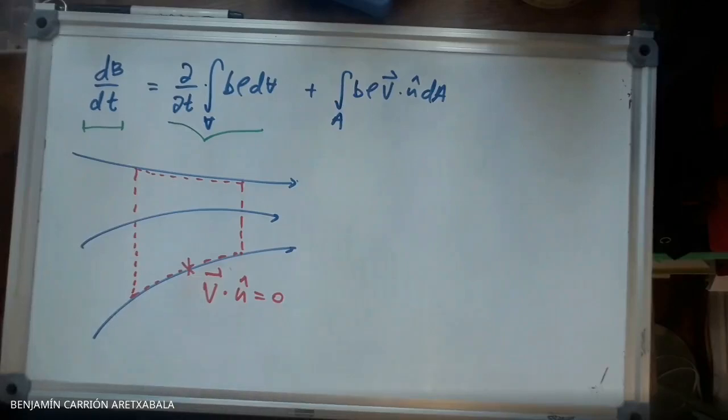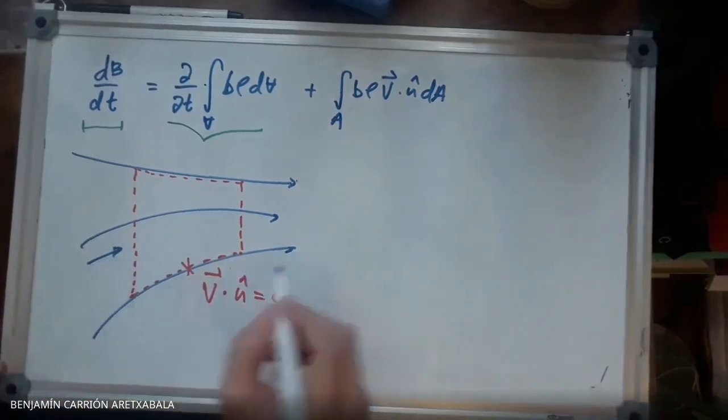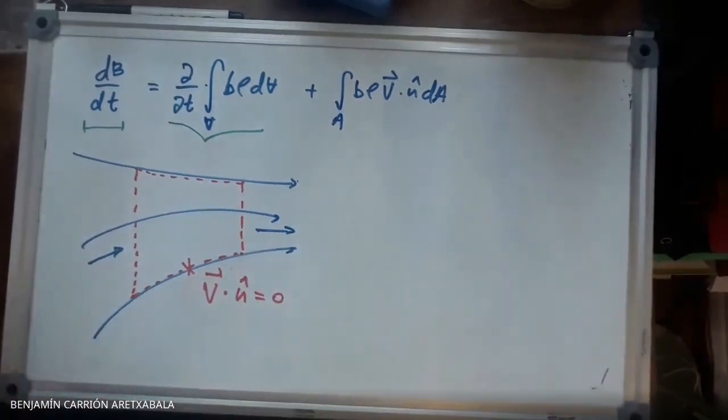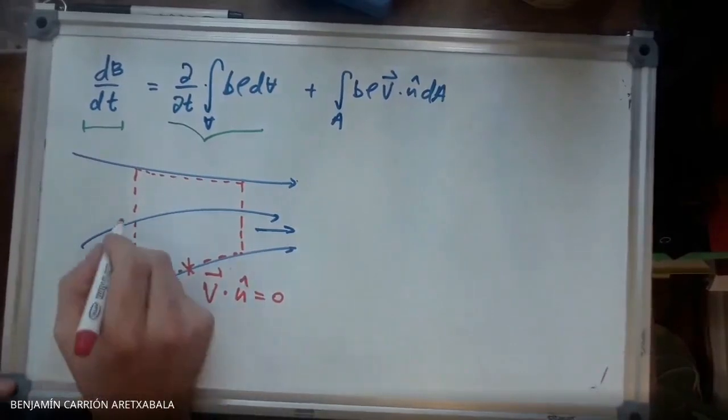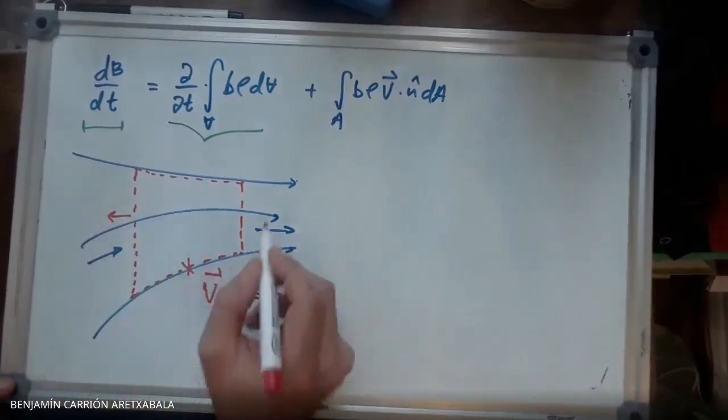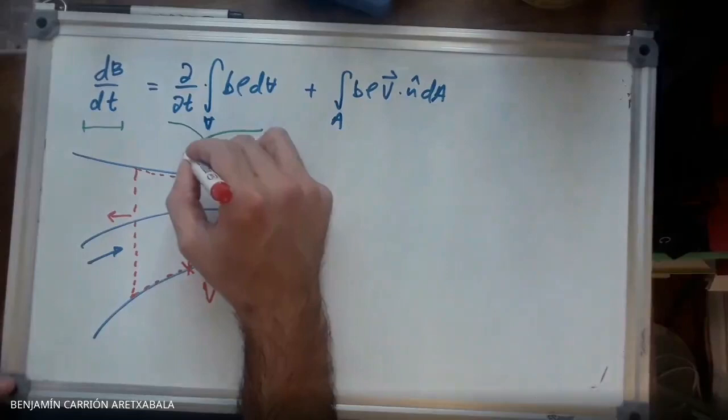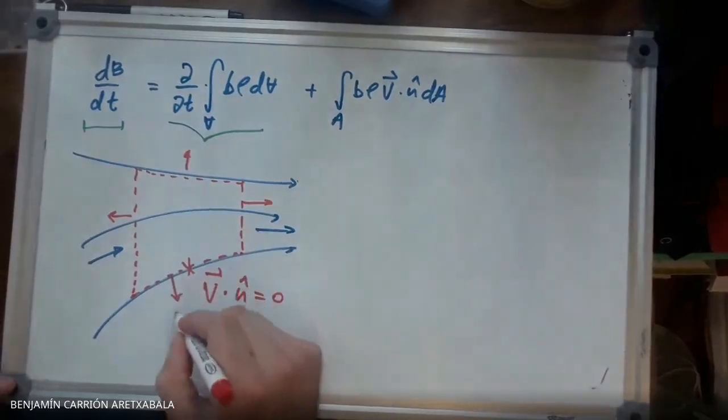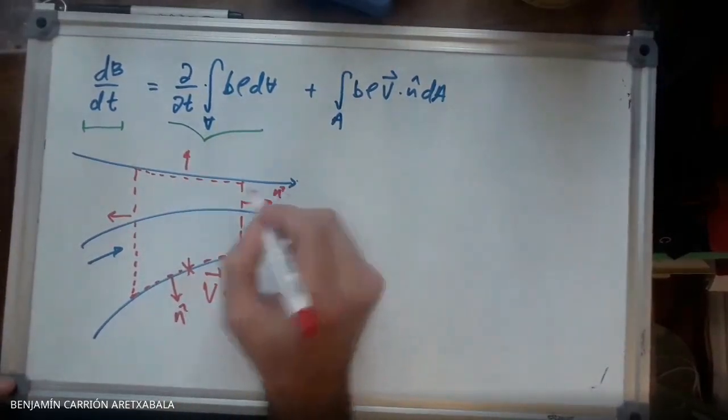Okay, so let's go ahead and try to figure this out with mass. Before that, realize the following. Let's say you have a certain velocity here, and the normal vector here is pointing in that direction, and here in that direction. These are the normal vectors.